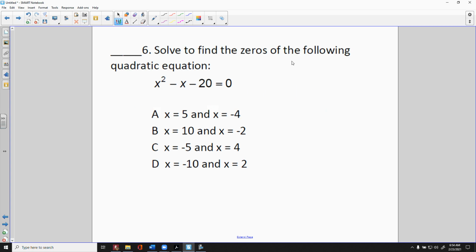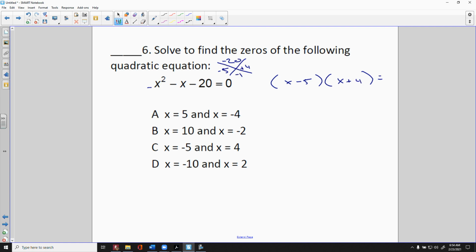All right, number 6, find the zeros in the following. When I'm trying to find the zeros, I see that a is 1, so I'm going to choose to factor. What are the factors of negative 20 that add up to negative 1? And so I know that's going to be negative 5 and positive 4. x minus 5, x plus 4.